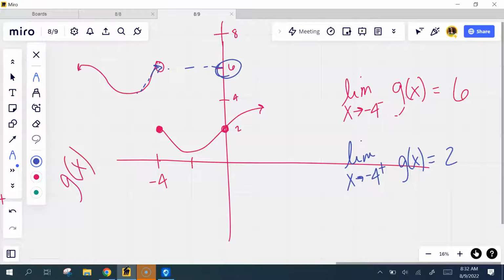Okay, so if I'm approaching -4 first on the left-hand side, as I come closer and closer to -4, I'm getting closer and closer to the value of 6, right? But if I come in from the right, I'm getting closer and closer to 2. There's no part of the graph on the right side of this, so I can't come in from here, so I come in.